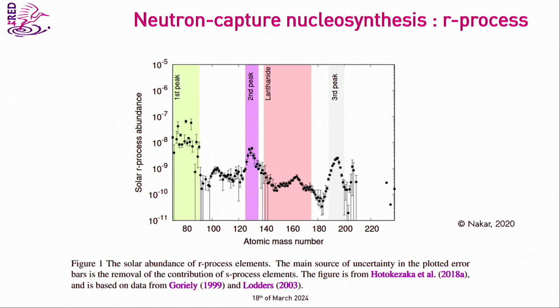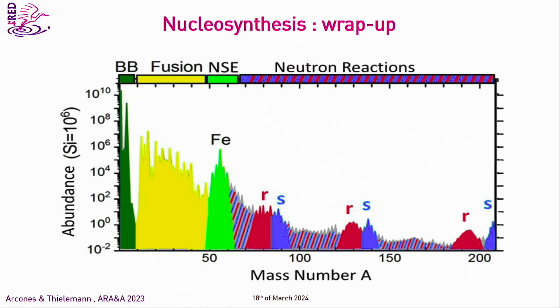So to wrap up the nucleosynthesis sites, when we go back to the cosmic abundances, we have the very light elements that come from Big Bang nucleosynthesis. Thermonuclear fusion explains all the elements up to the iron peak elements, which are stable because of nuclear statistical equilibrium, because of their binding energy, which is so strong.